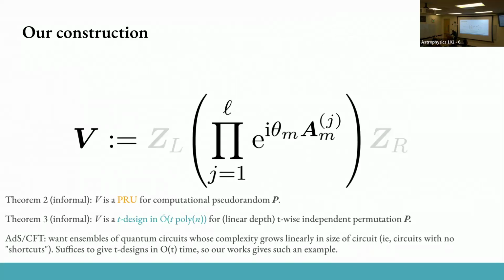The connection is not so straightforward as, oh, if you wanted to simulate ADS CFT, you would use one of these. There are a few more steps before that. If you want to model ADS CFT and the dynamics of the growth of the wormhole volume, then you would want something where the complexity grows linearly, and this is something that does that, but that's not a claim to say that these are the same. Okay.